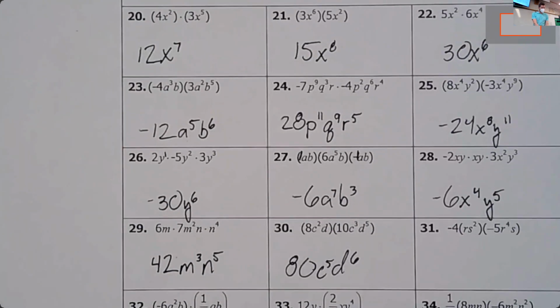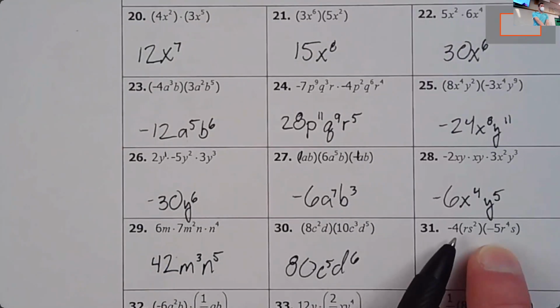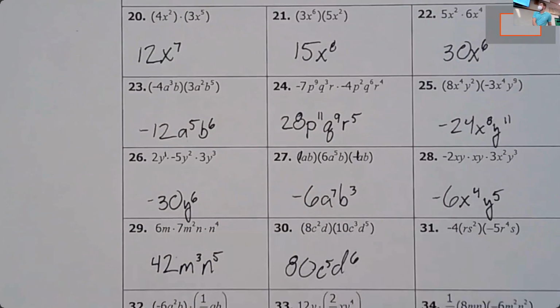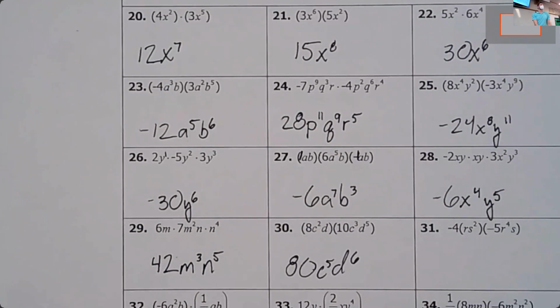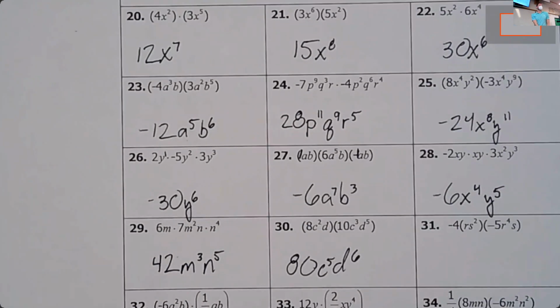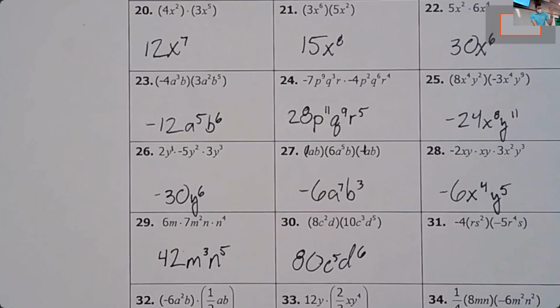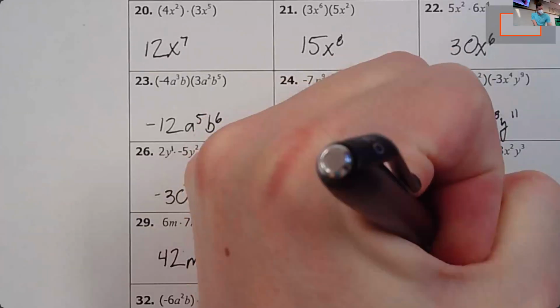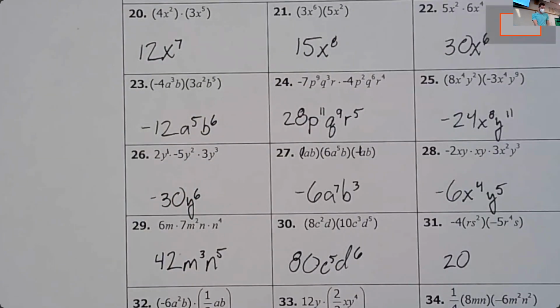So our 2 regular numbers are -4 and -5. So what would that be if we multiplied -4 times -5? Same as just 4 times 5. 20, yeah, all right. So -4 times -5, positive 20.